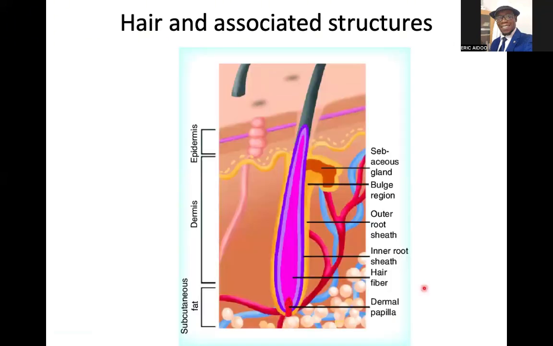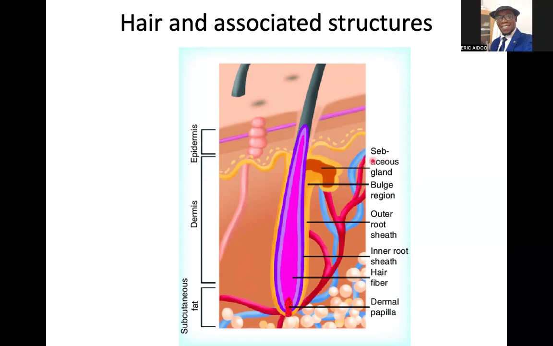When we look at the hair and its associated structures, we want to look at the whole hair follicle and its base, as well as other structures that play a role together with the hair. Some of them are sebaceous glands, arrector pili muscles, and even some sweat glands that open into the hair follicle, as we will see.